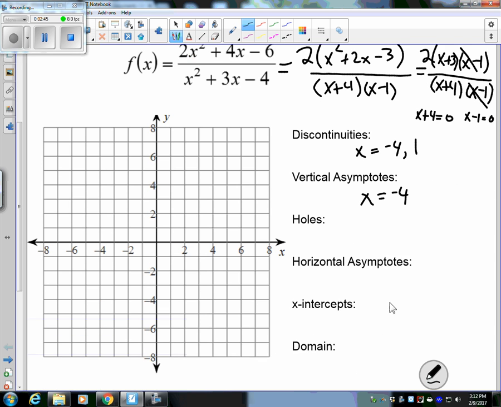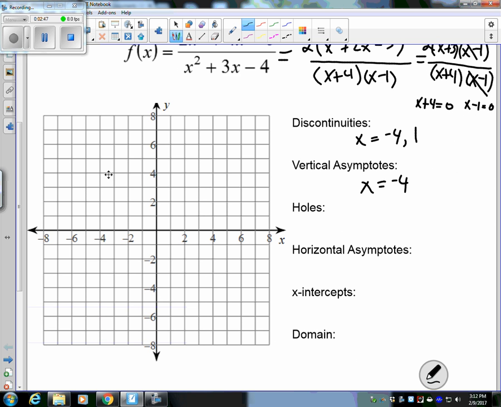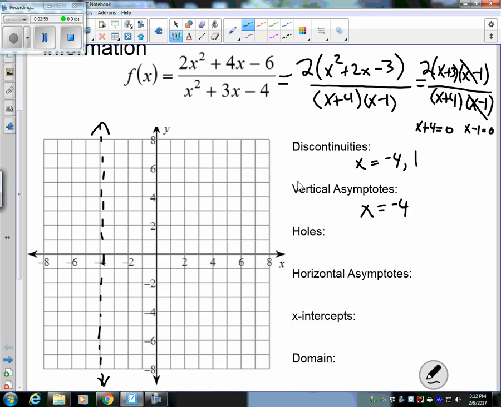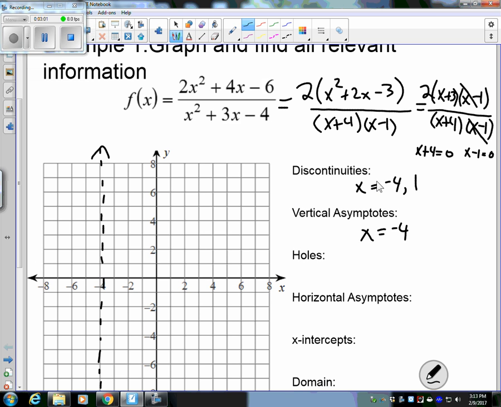Your vertical asymptote is negative 4. So on the graph, we're going to put a vertical asymptote. And the vertical asymptote is an imaginary vertical line that your graph cannot go across. Holes are the discontinuities. Vertical asymptotes and discontinuities can be the same, but the holes are what's left.